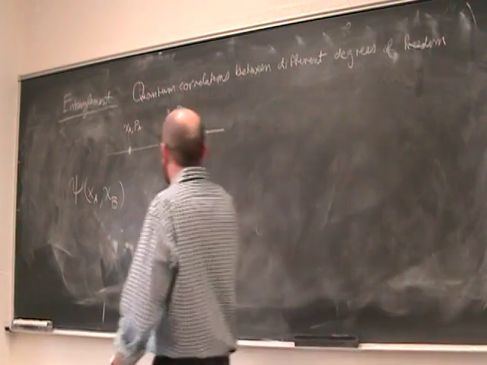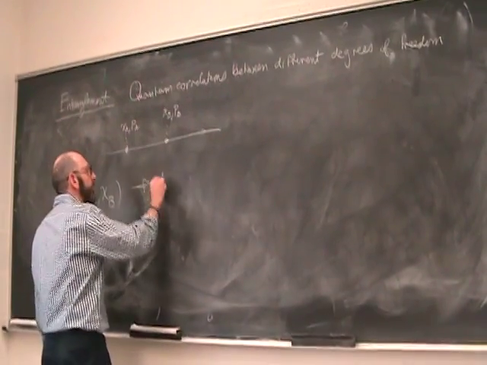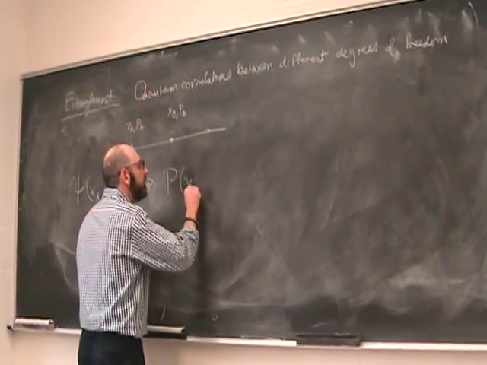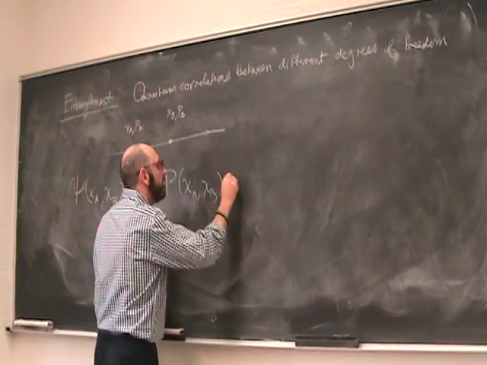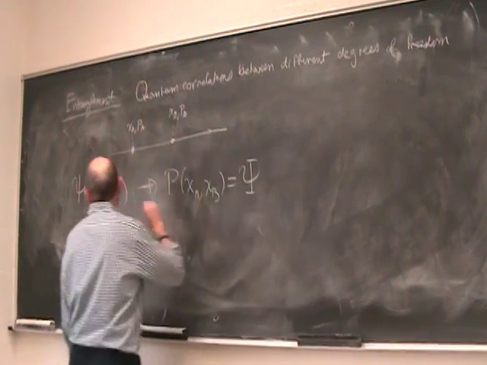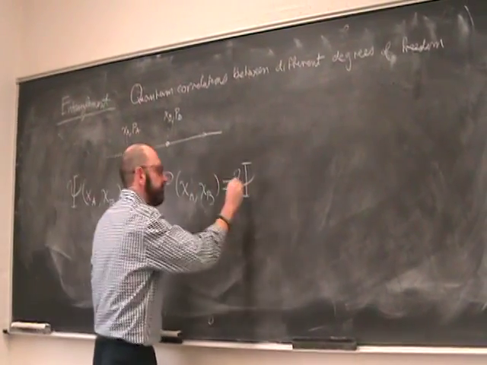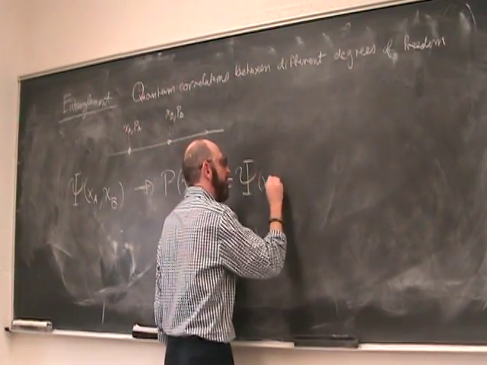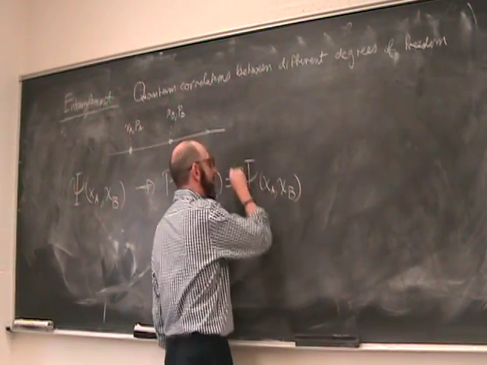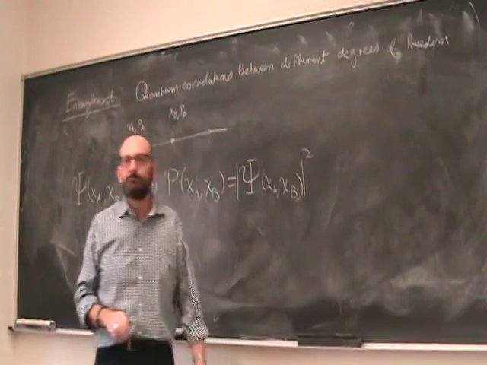And from that, we can determine the joint probability density. Let's call this capital psi. Which is that.